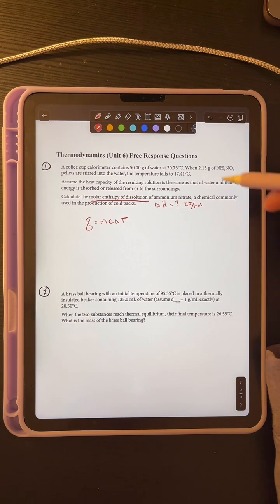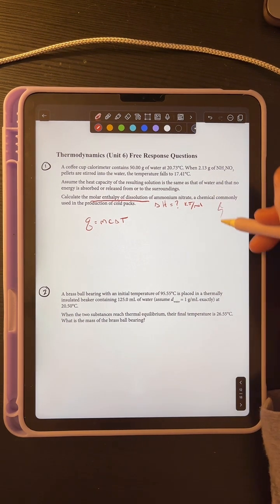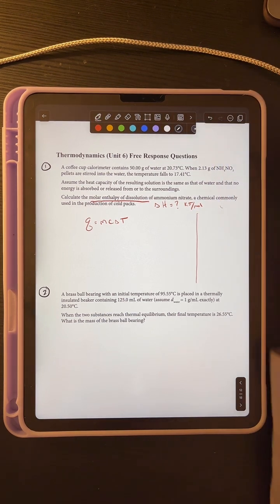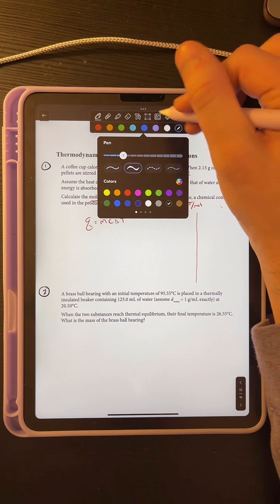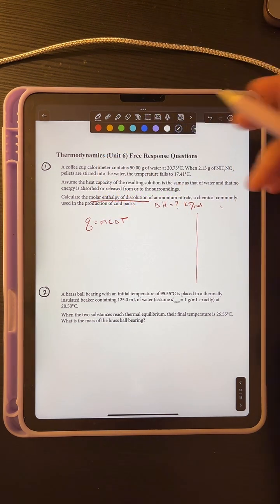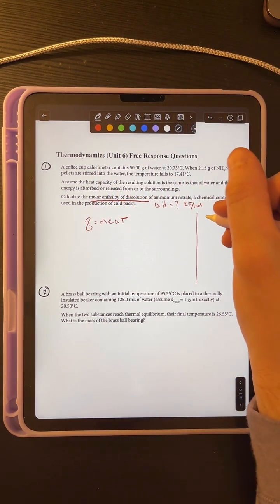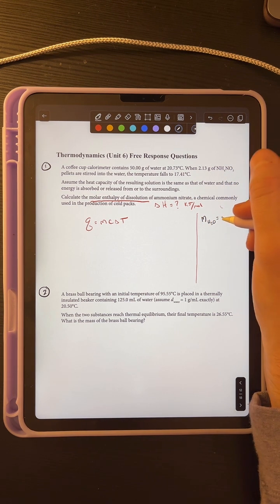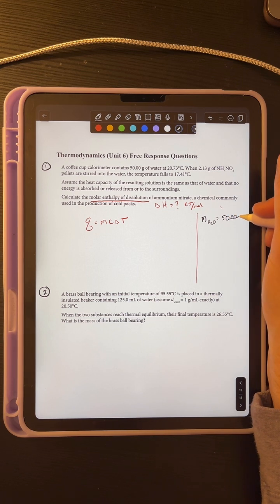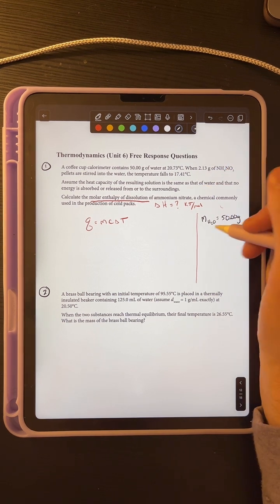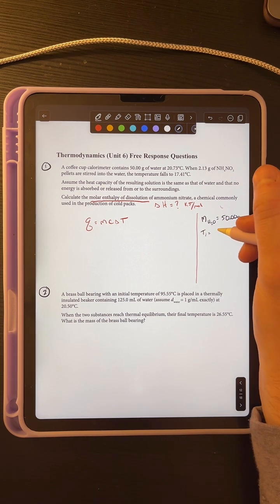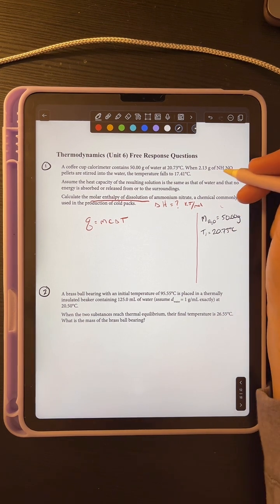Let's go ahead and figure out what values we have. I'm going to do it off to the side here. I'm going to make like a toolbox. What are we given? We have a mass of water, so mass of H2O equals 50.00 grams. We have the initial temperature of the water, so T initial equals 20.73 degrees Celsius.